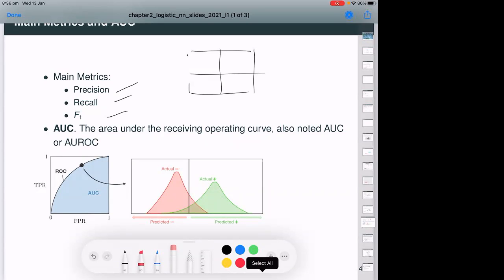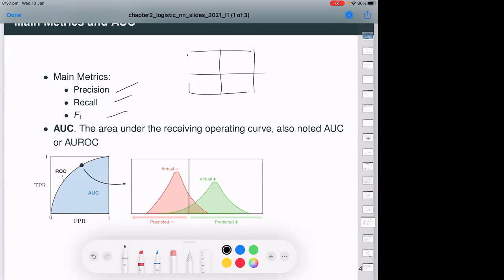Also, another way to evaluate the performance of your model, to know if it discriminates well in a binary classification, is the area under the ROC curve.